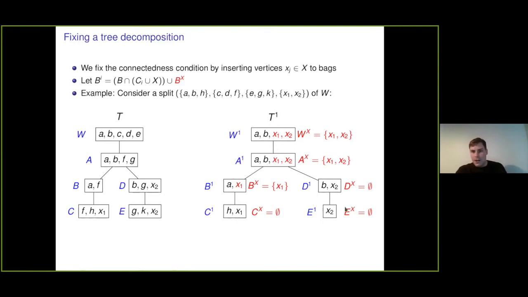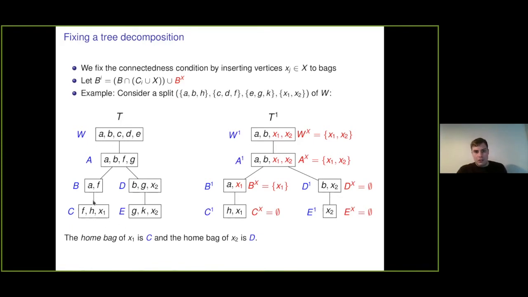So we have here the region containing x2, and we insert x2 to each bag in the path from here to the root.